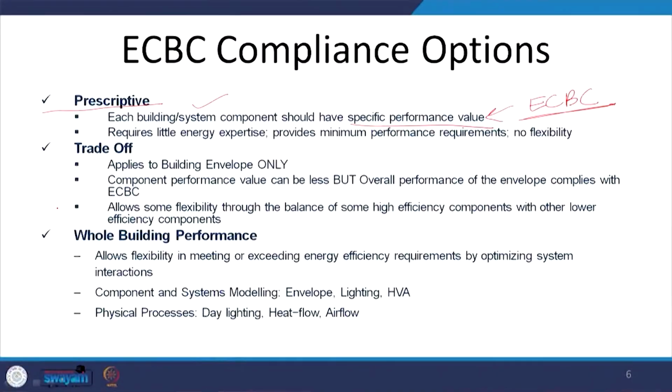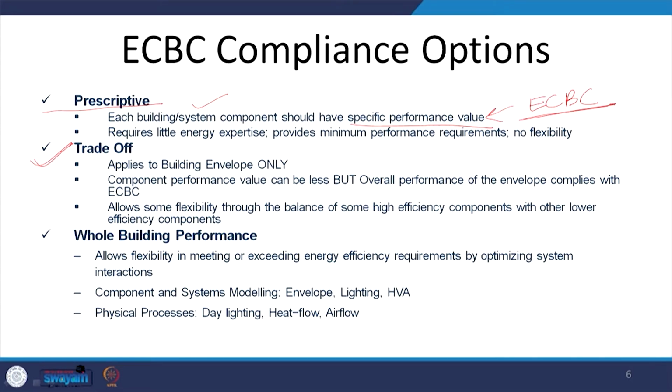So, the second approach in the compliance as per ECBC was the trade-off method, where we can trade off the performance of one component of the envelope with another component of the envelope.